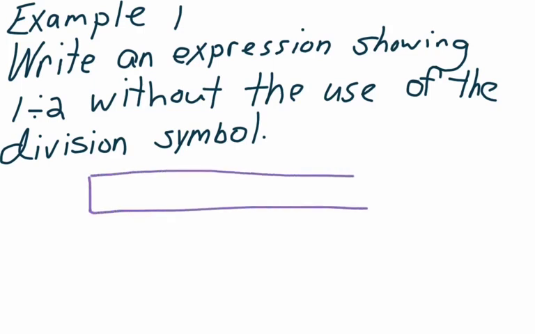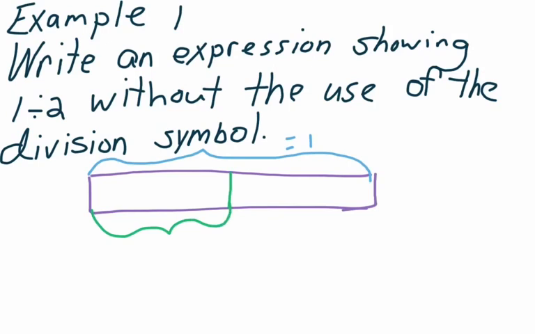So here we have this whole entire thing here is equal to 1, and we want to divide it by 2. So we're going to divide it in half. There's one part of it, and there's the other part of it.